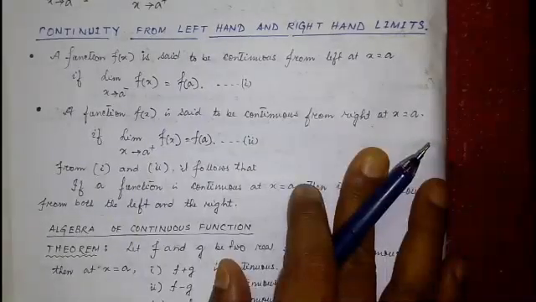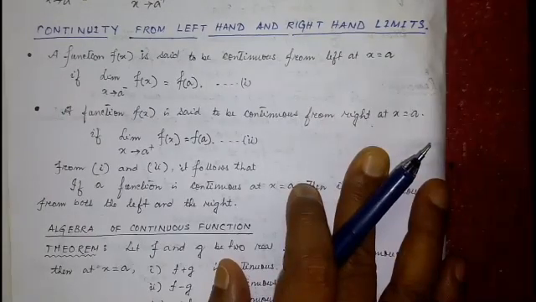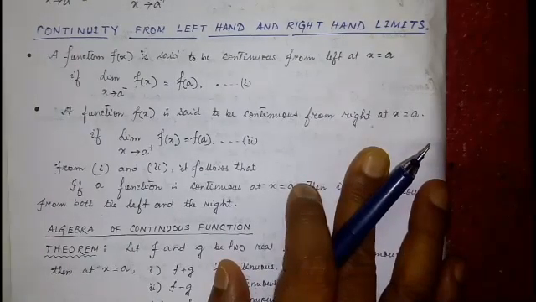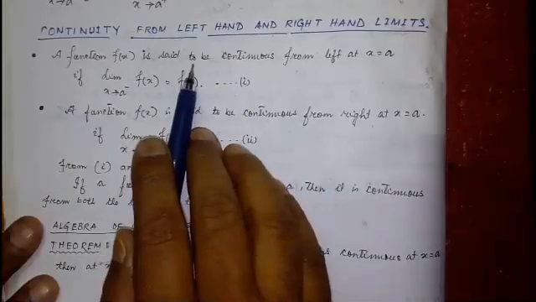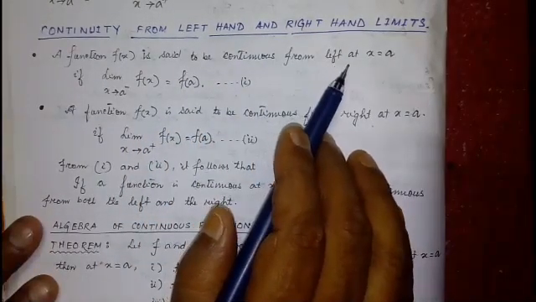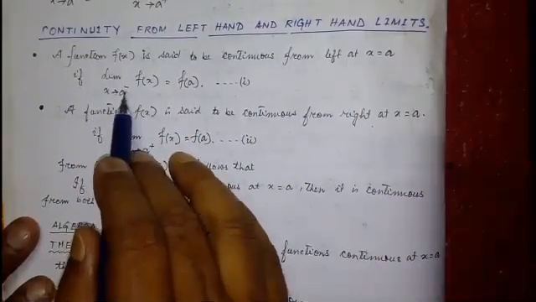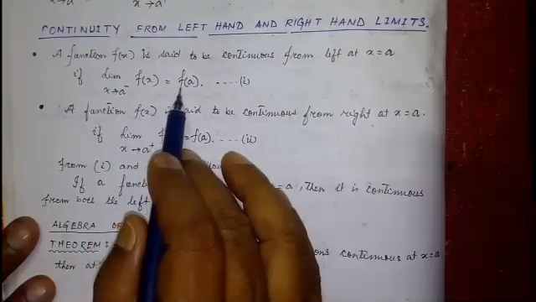Continuity from left hand and right hand we have to explain. A function f of x is said to be continuous from left at x is equal to a if limit x tends to a minus f of x is equal to f of a.